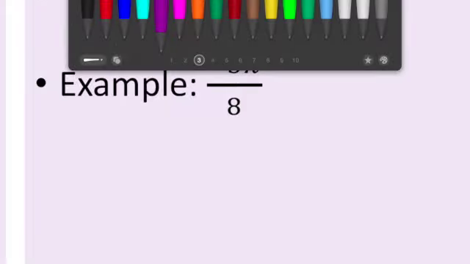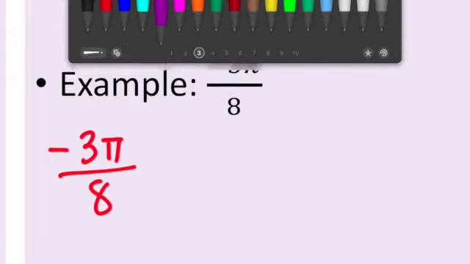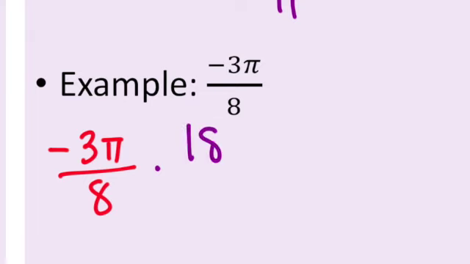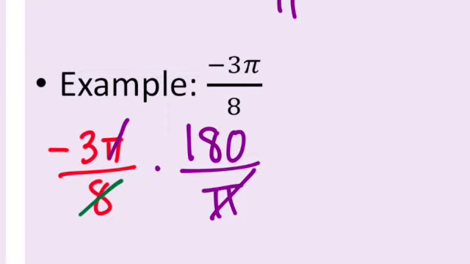So I have my negative 3 pi over 8. And I'm going to multiply that by my conversion factor, which is 180 over pi, because I want the pi's to cancel out. And then I'm going to look to cross cancel, see if I can cross cancel anything. 8 and 180, they're both even, so let's see if they can be divided by 4. Yes, they can. So I'm going to divide them both by 4, so it'll make my life a little bit easier.